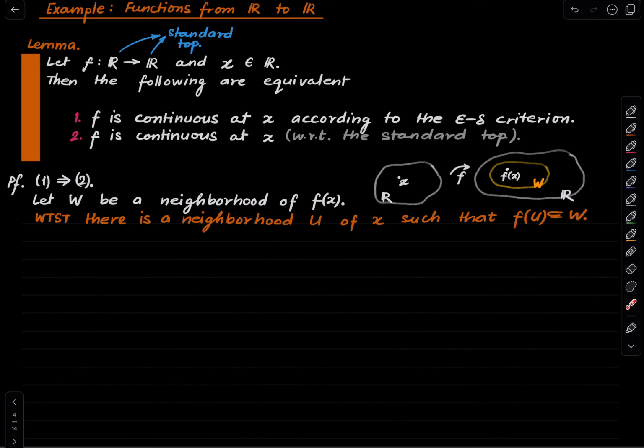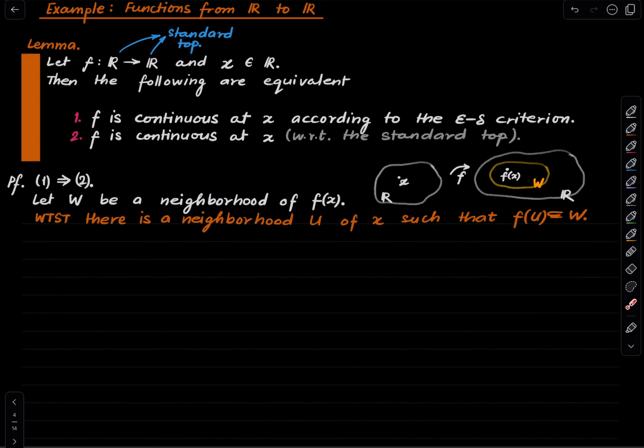Now, there may already be a confusion here. When I use the word neighborhood, I don't mean to use it the way we use it in real analysis. I mean to use it the way we use it in topology, even though in this case they are the same. Since we want to prove 2, we are using the word neighborhood in the context of topological spaces. So this is just an open set containing f(x), and when I say open set, I mean an element of the standard topology.